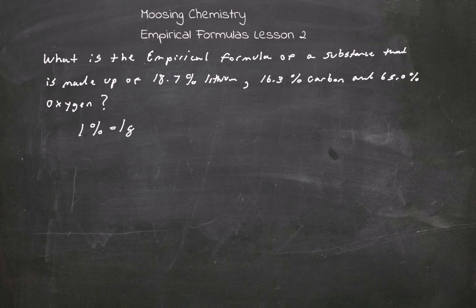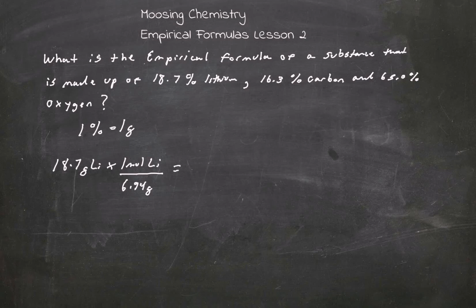All right, so now we're going to set this up. We've got 18.7 grams of lithium times 1 mole of lithium. If we look on the periodic table, lithium is 6.94 grams per mole.